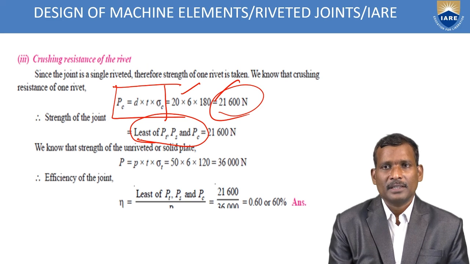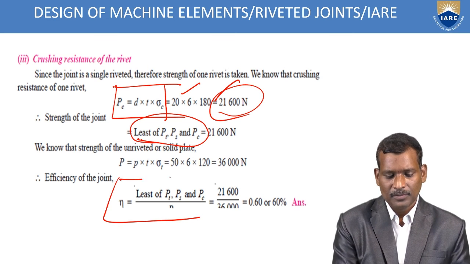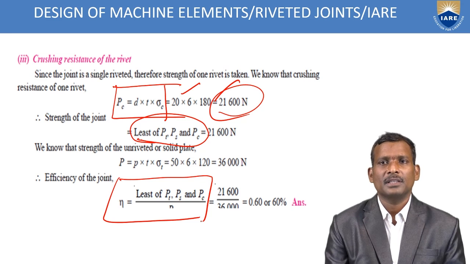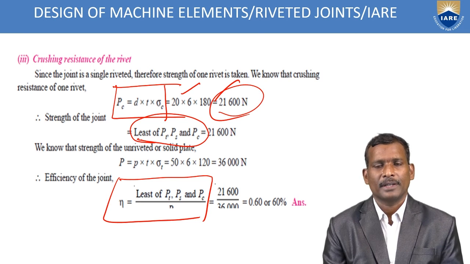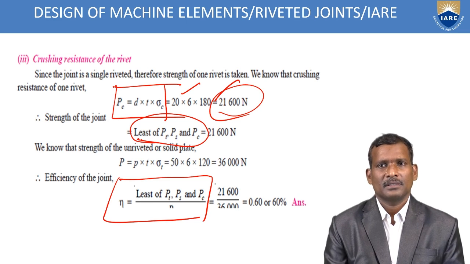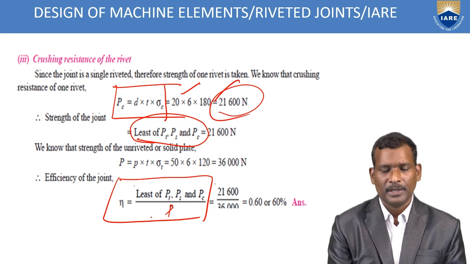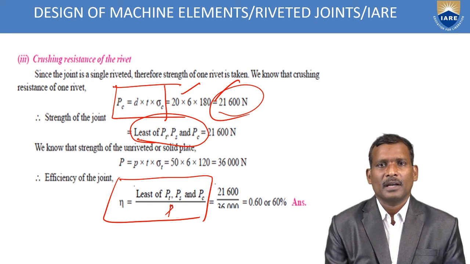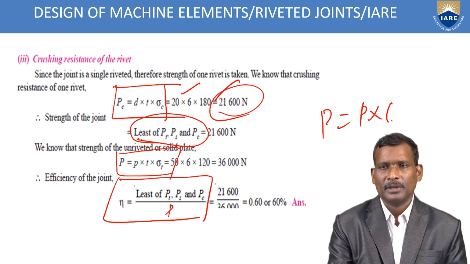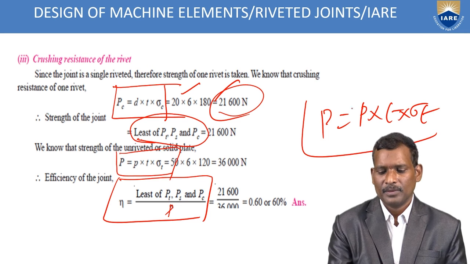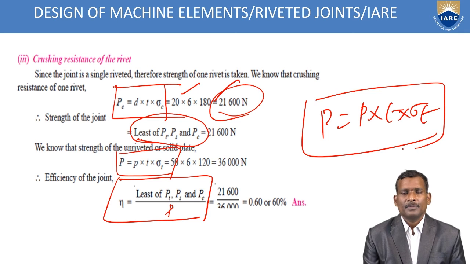Next one is the efficiency formula. Efficiency is equal to the least of these strengths, PT or PS or PC, upon the solid plate strength. Solid plate means unriveted plate strength, that is P, equal to pitch multiplied with T multiplied with sigma T, as it is subjected to tensile. Clear?